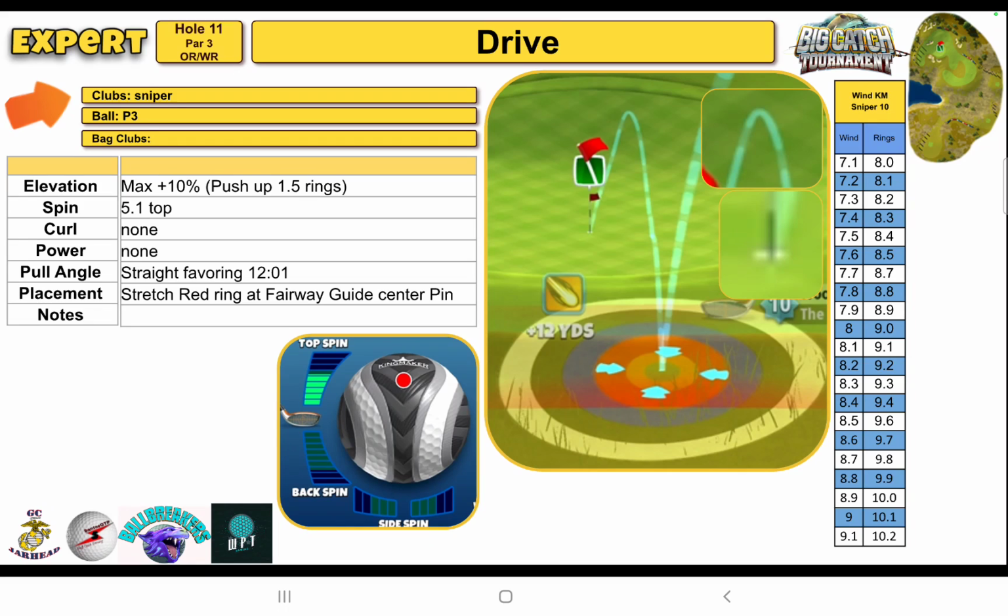But you can see our landing spot was a few rings, or we were using overpower to be able to get to where we wanted the ball to land. Here we were using a 10% elevation to adjust for the elevation change, and then we pushed up 1.5 rings so we didn't have to use overpower.